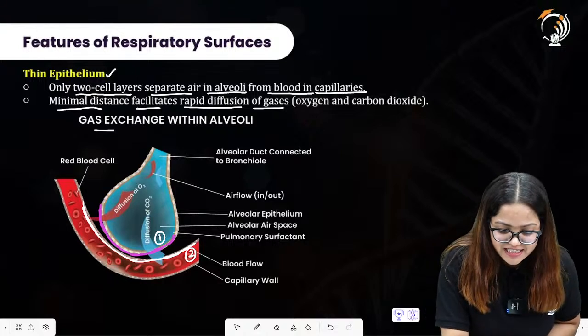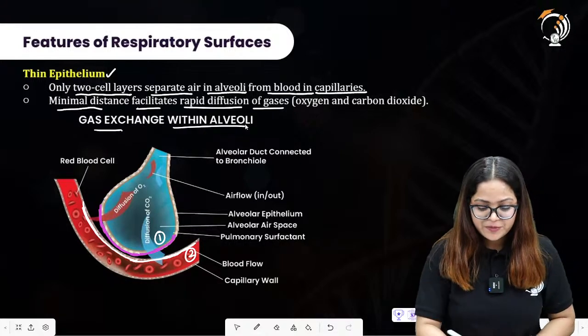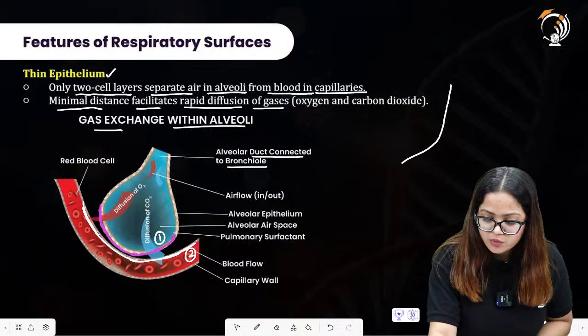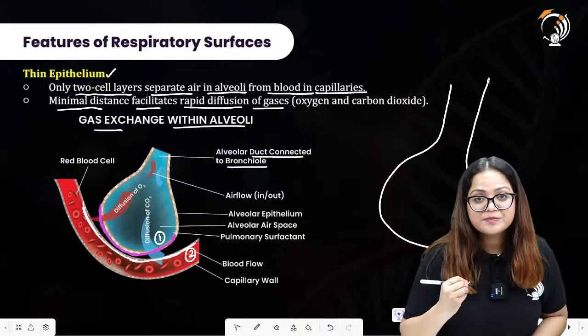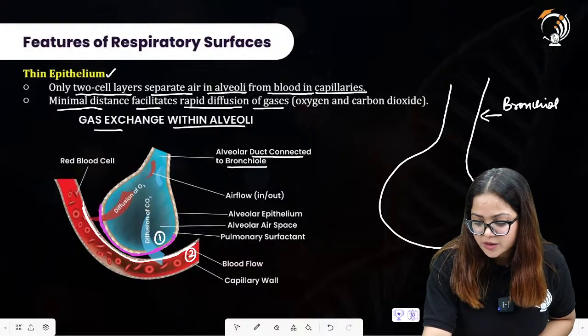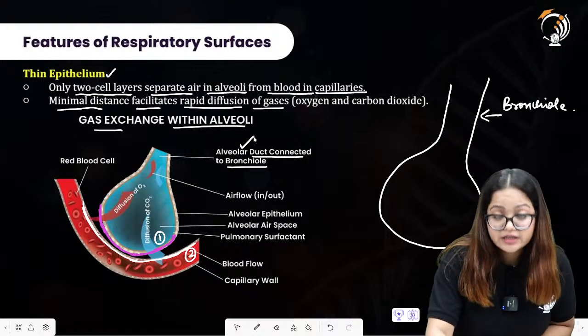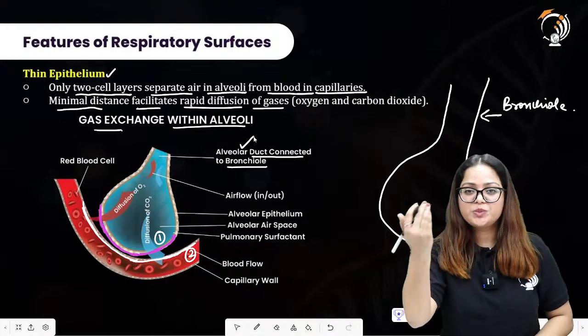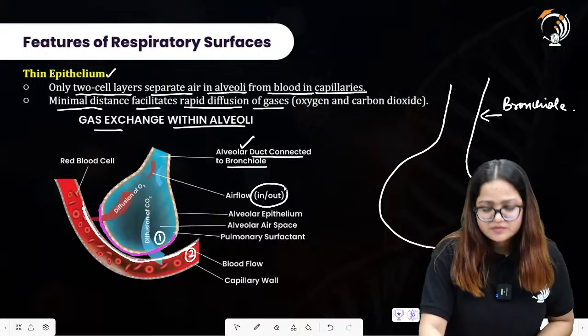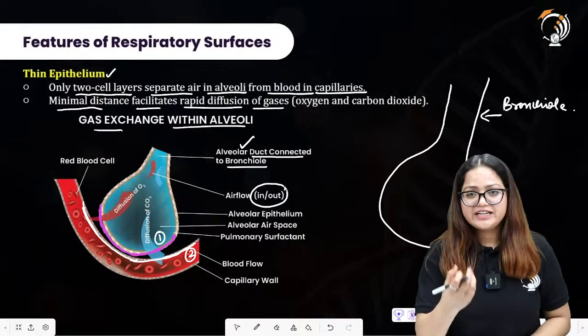Done. So gas exchange within the alveoli is occurring here. The alveolar duct is connected to the bronchiole, since the bronchiole was terminating into the alveoli here. This was the bronchiole, right? So in the diagram, it has represented that the alveolar duct has a connection with the bronchiole. Then the airflow can be in or it can be out.